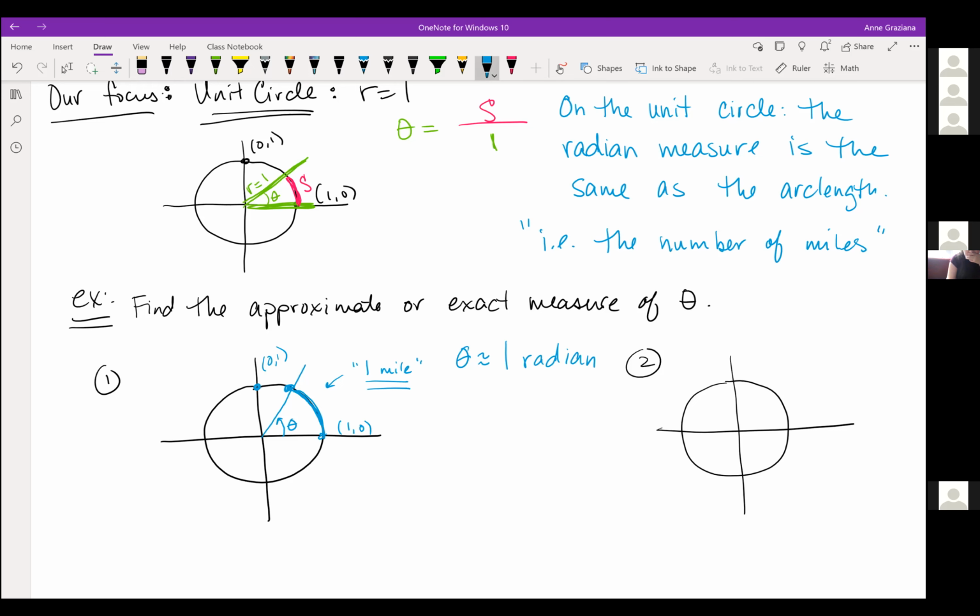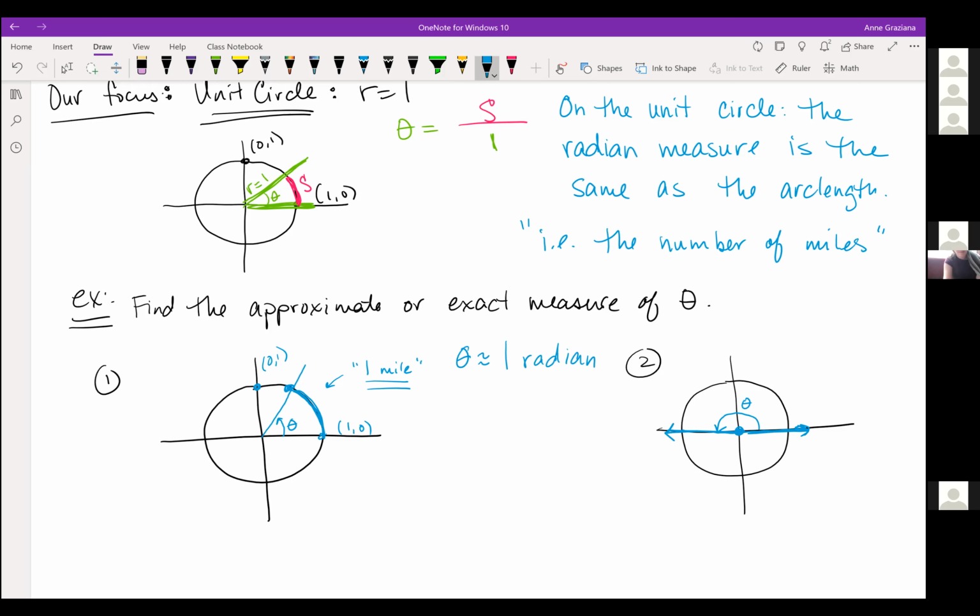Now, what if my theta is this whole distance? So my angle here, if you can see it, what angle is this? 3.14.